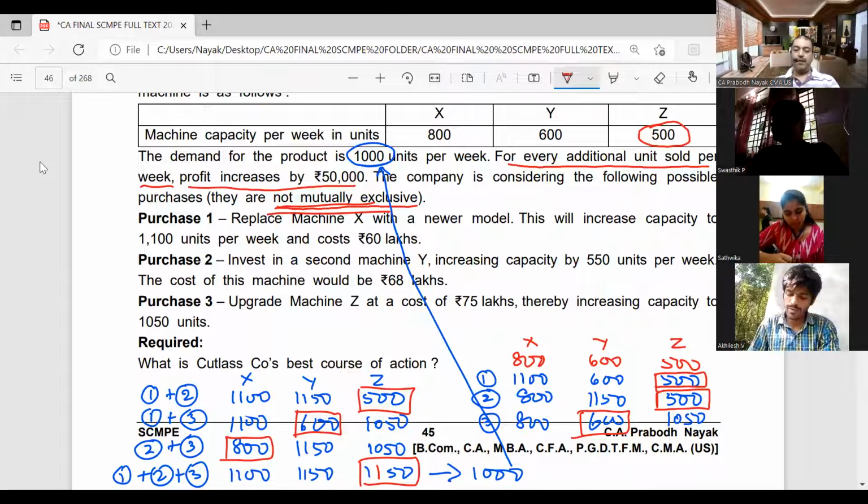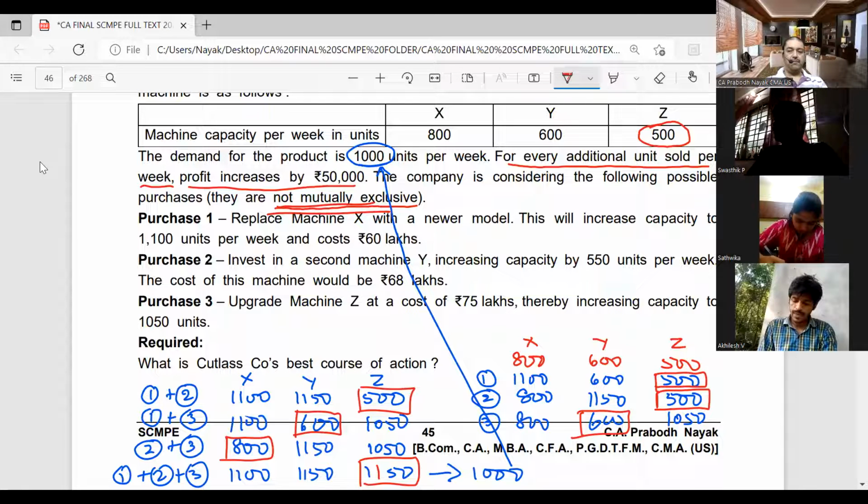Full stop. Continue the same point. If machine Y and Z are upgraded, then machine X becomes the bottleneck activity, restricting the production to 800 units. Okay, that is your point number 4.